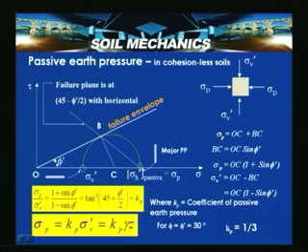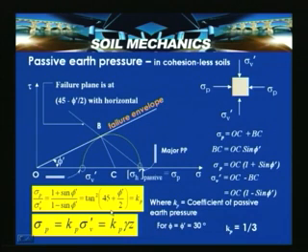So, the ratio of sigma p by sigma v dash is equal to OC plus BC by OC minus BC, which turns out to be 1 plus sin phi by 1 minus sin phi, equal to tan square of 45 plus phi dash by 2, equal to Kp, where Kp is the coefficient of passive earth pressure.